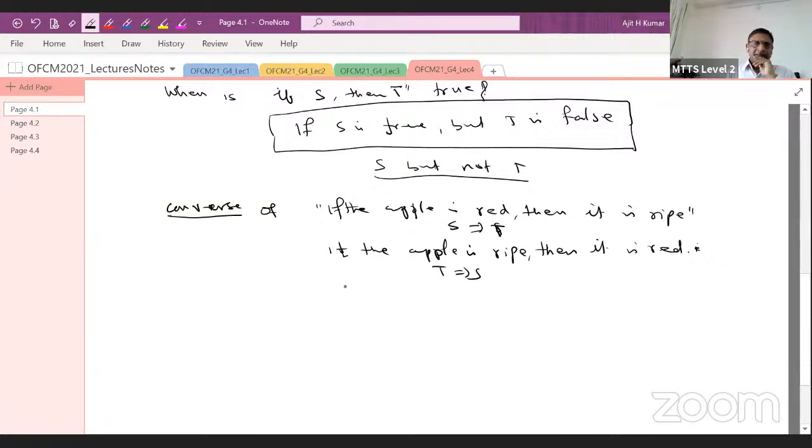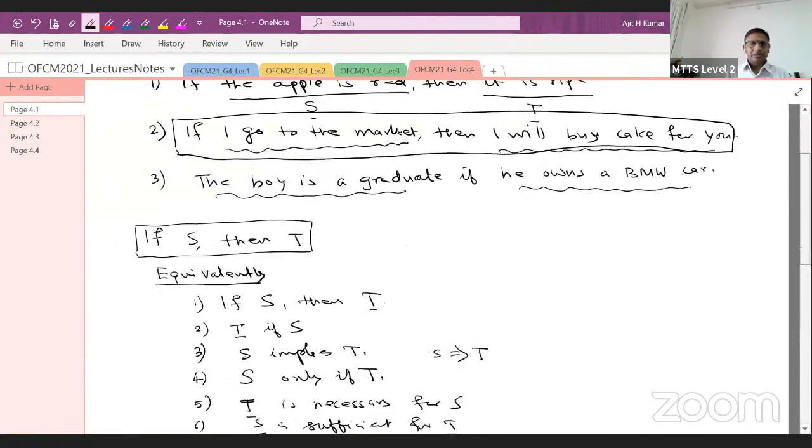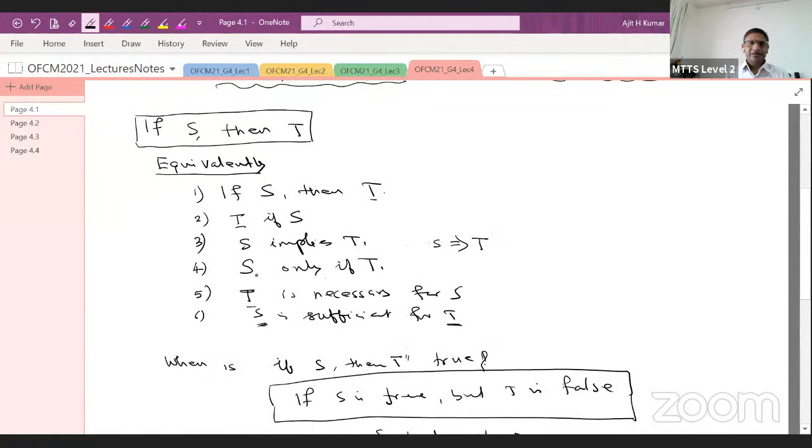So in case this is true and this is true, both are true, then we can say the apple is red if and only if it is ripe, or S if and only if T. If you compare this equivalent condition, then we will say that S is a necessary and sufficient condition for T, or vice versa, T is a necessary and sufficient condition for S. So this is how we write many statements.